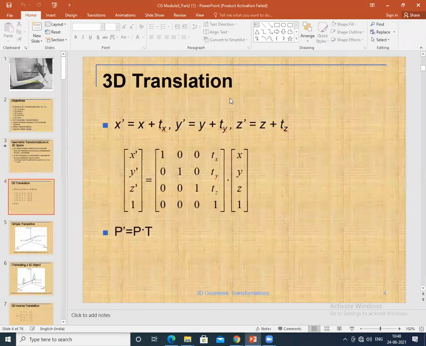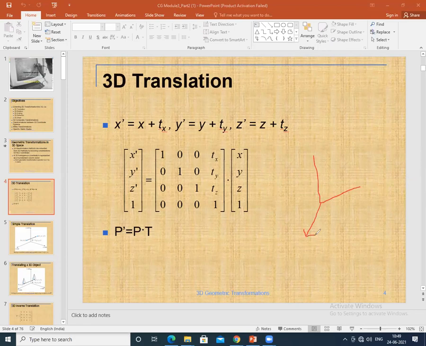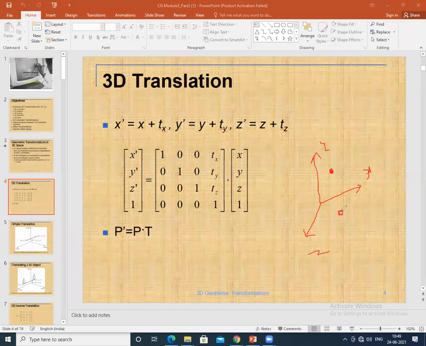Coming to the concept of translation, what is translation? Imagine this is a point. We have to think along the x-axis, y-axis, and z-axis. When I speak about point translation, the point P is translated along one of the planes, from here to here.